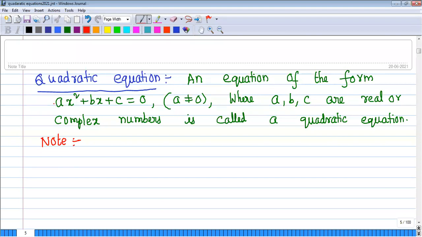So now here a, b, c are called coefficients of the quadratic expression or quadratic equation, where a is called the coefficient of x², b is called the coefficient of x, and c is called the constant term or x to the power of 0 coefficient.